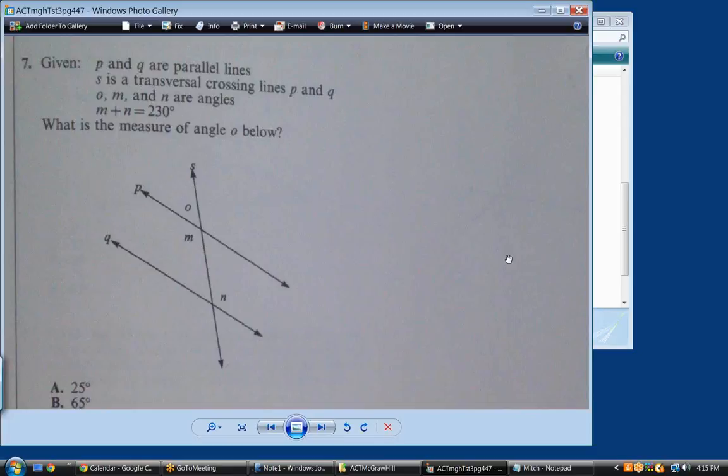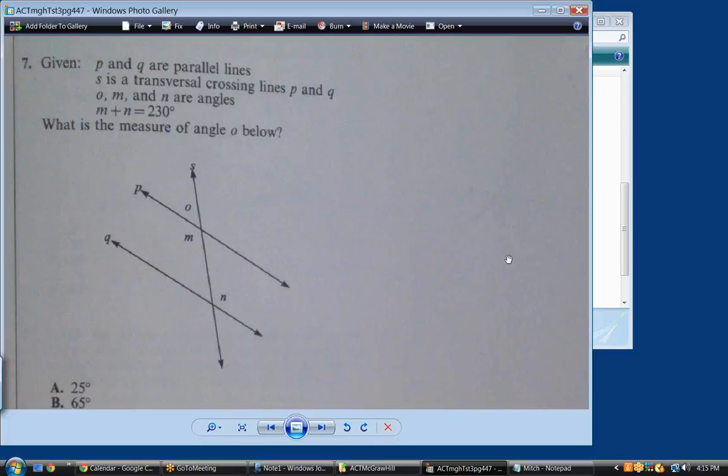What's true about M and N? They're equal, or yeah. Okay. They're the same angle. Okay. So what does that mean? So what is M? 115.